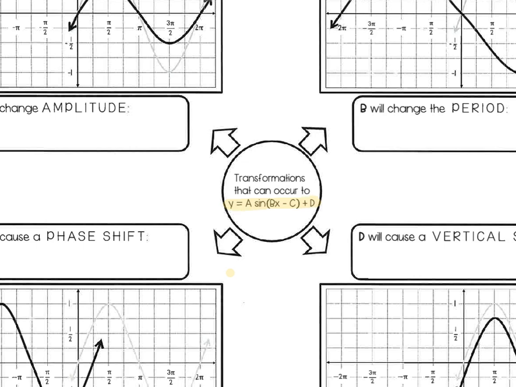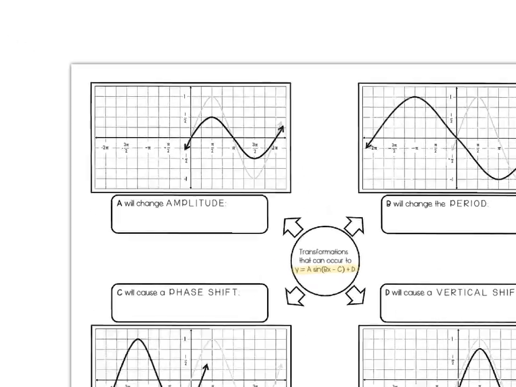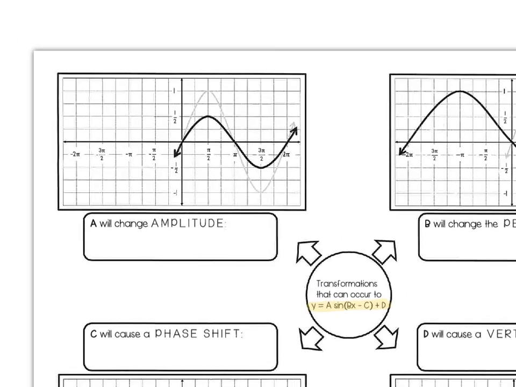Changing any of these pieces, A, B, C, or D, is going to change the shape of our graph. So just like we used to see this with quadratics, with linear functions, with exponentials, with rationals, any kind of function, when we change different pieces of it, it moves the function in different ways, changes the shape, changes the shift, et cetera. Well, the same thing is true with sine and cosine and tangent and all of the trig functions.